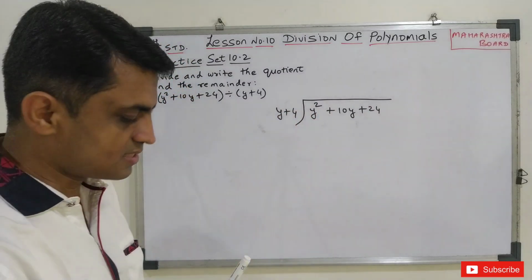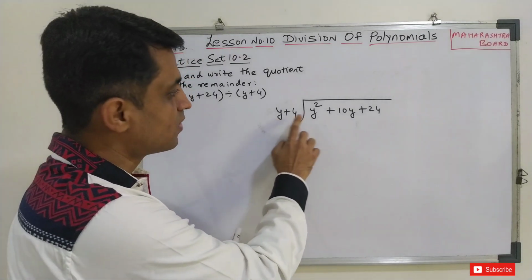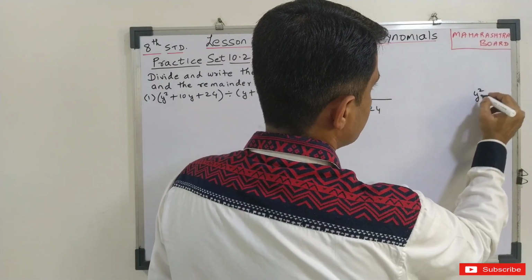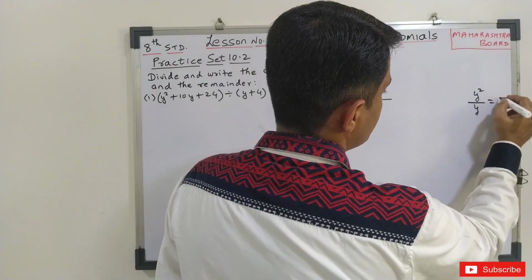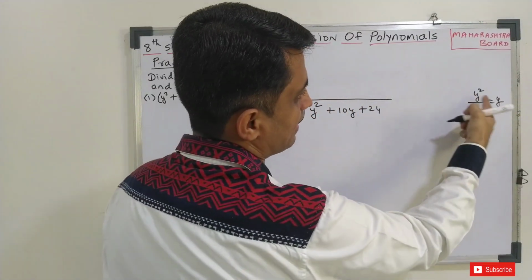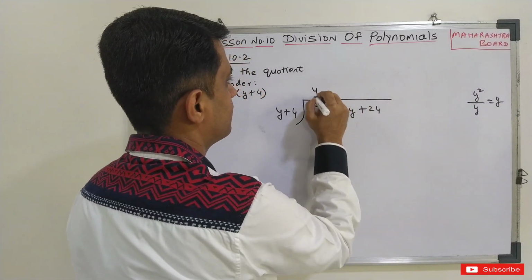The very first step would be dividing y square by y. So first divide y square by y. It means you will get y, because y square by y, one y will get cancelled, only y will be left. So here you will write this y.